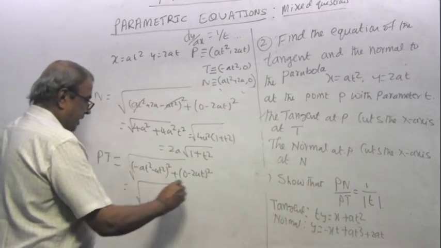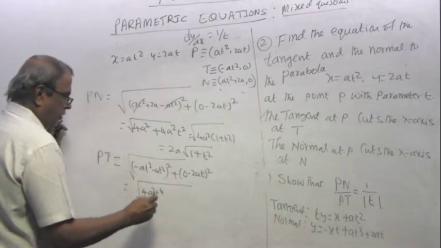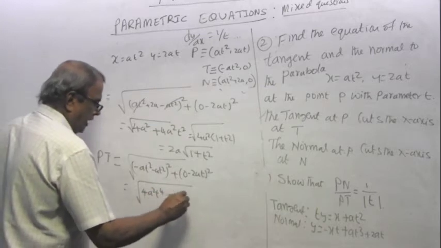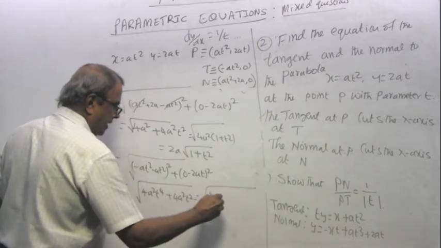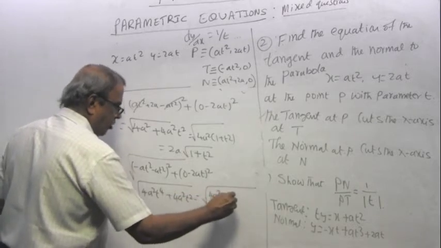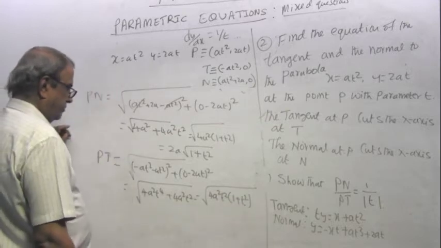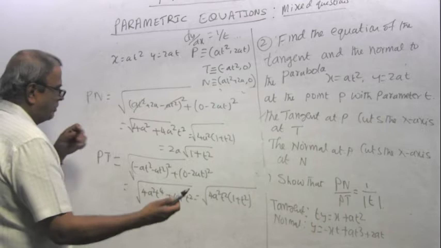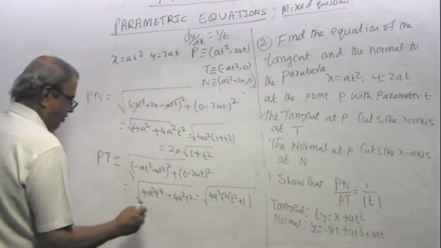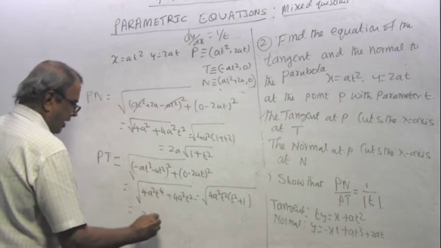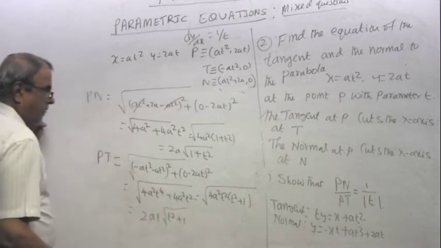When I square it, I get 4a squared t power 4 plus 4a squared t squared. I can remove 4a squared t squared as a common factor. I get t squared plus 1. Okay. So when I take the square root, I get 2at root t squared plus 1.